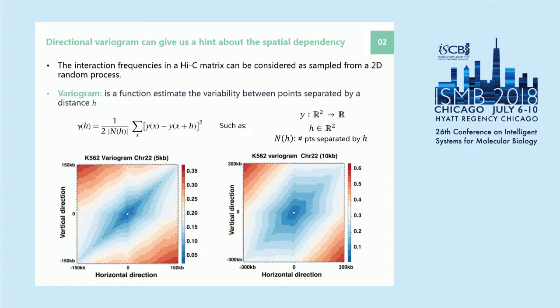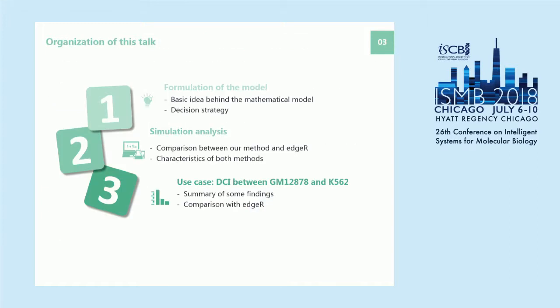For example, here in chromosome 22, we can see that if we move further from any given point in any direction, we get more variability. So given this observation, we first built a model, then we did some simulation to validate it, and then we checked it on some real data.